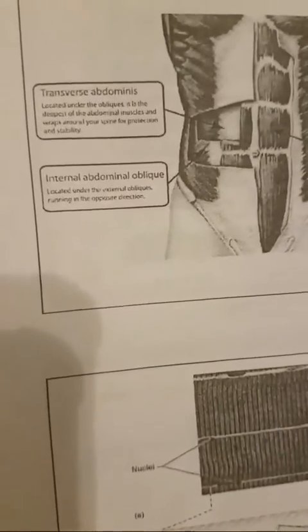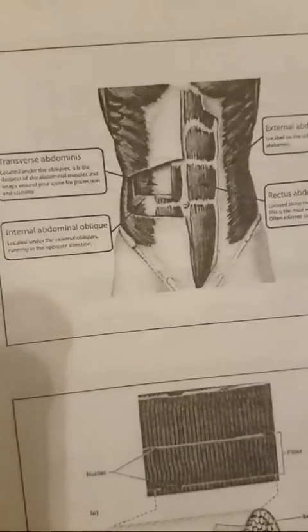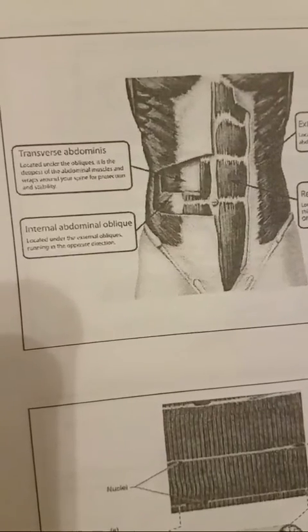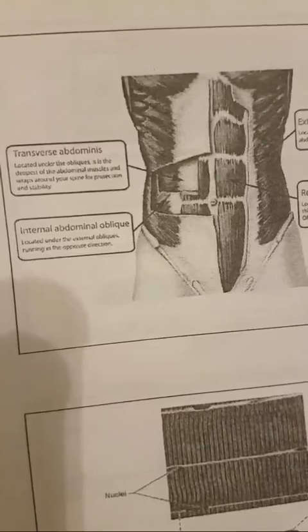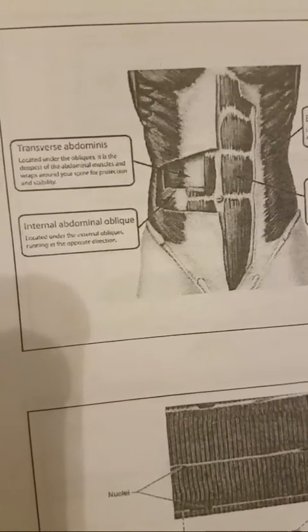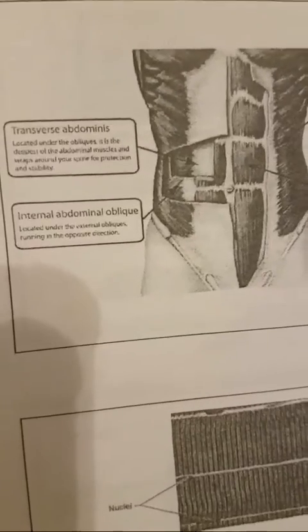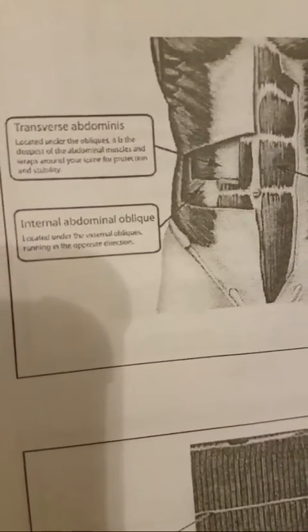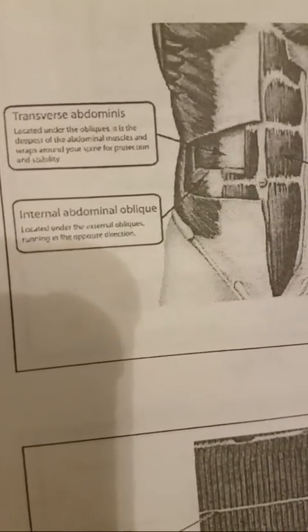And we have transverse abdominis, located under the oblique, deepest of the abdominal muscles and wraps around. Internal abdominal oblique, under the external oblique.